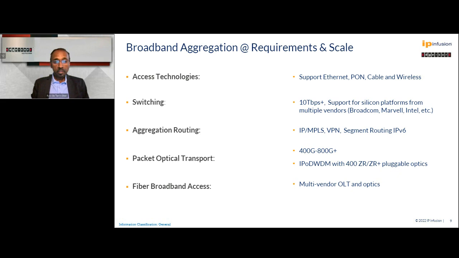Switching and capacity is another key requirement. We are looking at around 10 terabits per second of capacity in the aggregation networks, or even more. This level of aggregation needs to support silicon platforms from multiple vendors, be it Broadcom, Marvell, or Intel. In terms of routing features at the aggregation, IP MPLS, Layer 2, Layer 3 VPNs, and segment routing v6 are the key requirements.